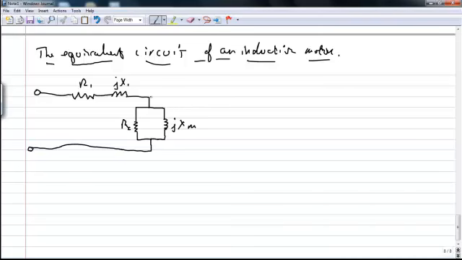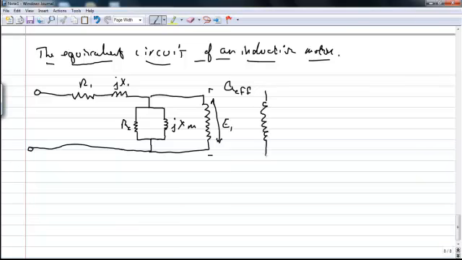And then we have an ideal transformer, and we have this voltage here, which we call E1, and we have A, the turns ratio. We're going to call it A effective, the effective turns ratio. And then we have the other side of the transformer.